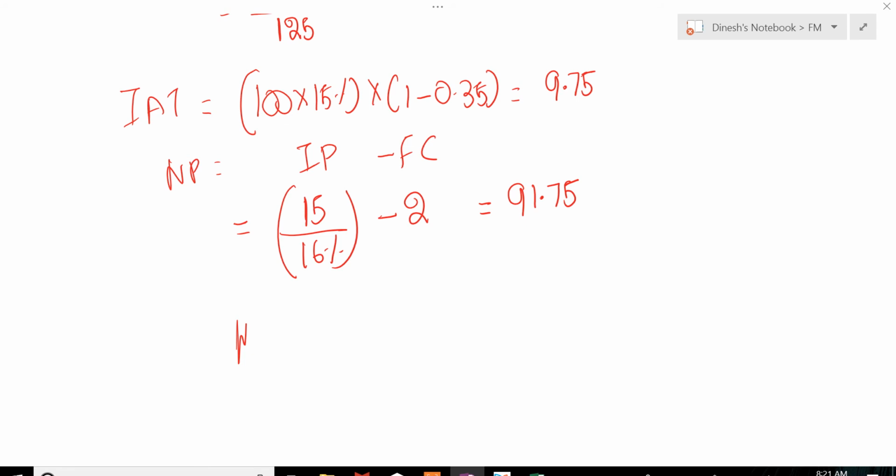Now you do cost of debt. You have the formula, apply the formula and get me the cost of debt and then put it in the WACC. Get the cost of debt. My role is almost over.